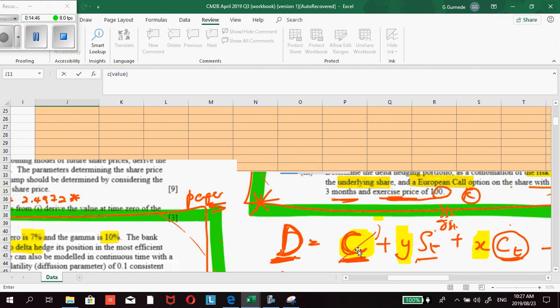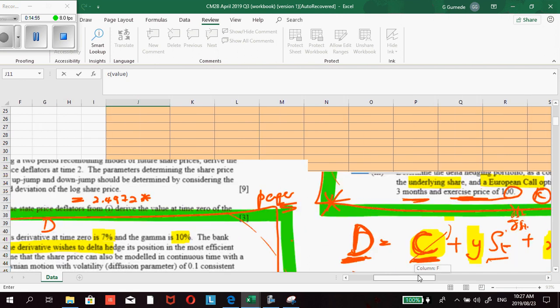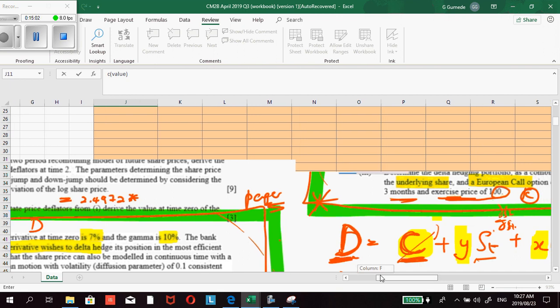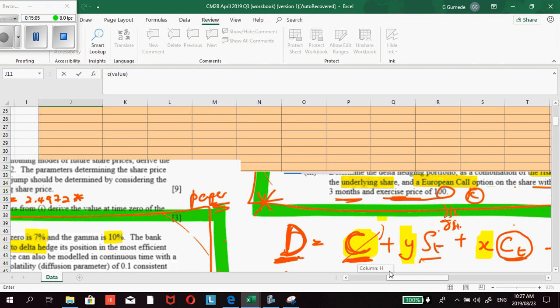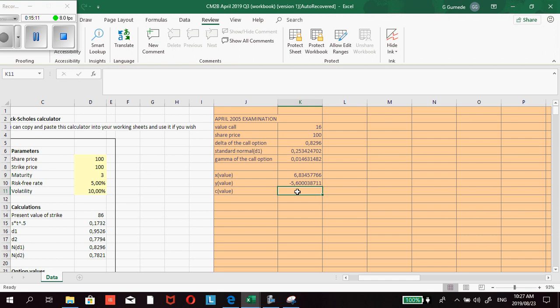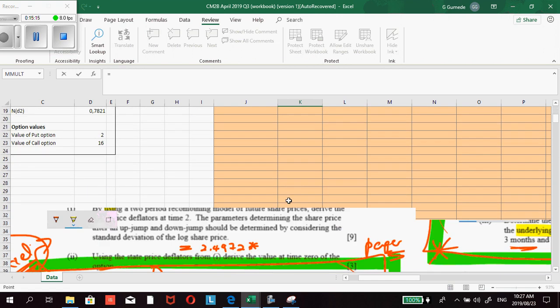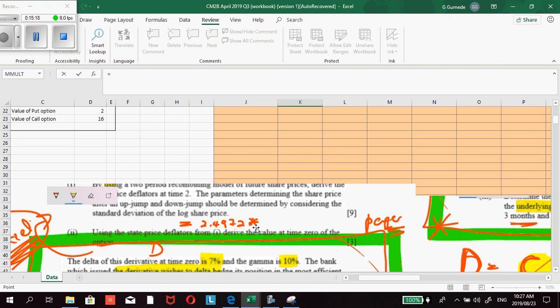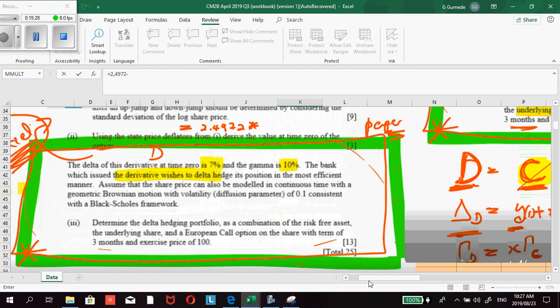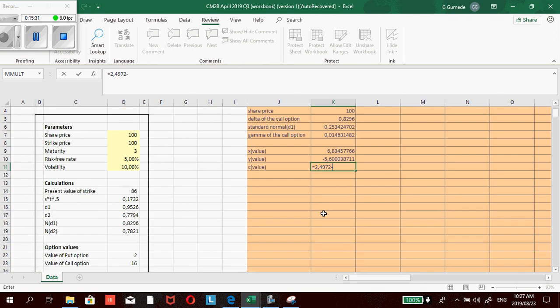So in actual fact, my C will be equal to D, the value of this derivative which we derived during the exam revision, 2.4972, minus Y times S_t minus X times C_t.